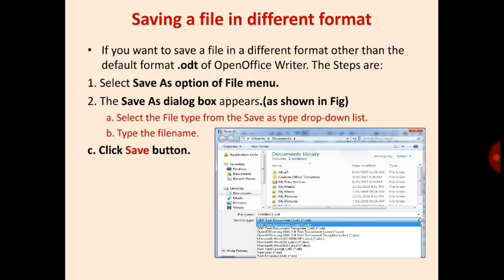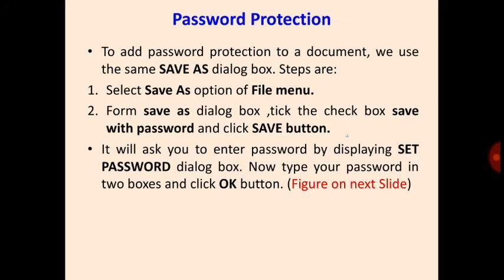Select the file type from the save as type drop down list, then type a file name and finally click on the save button. This will save your file.